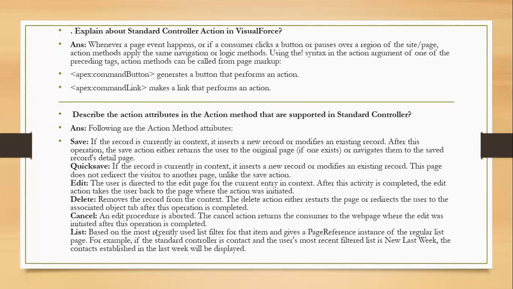List: this action is based on the most recently used list filter for that item and gives a page reference instead of the regular list page. For example, if the standard controller is for contacts and the user's most recent filter lists the new contacts established in the last week, that list will be displayed.